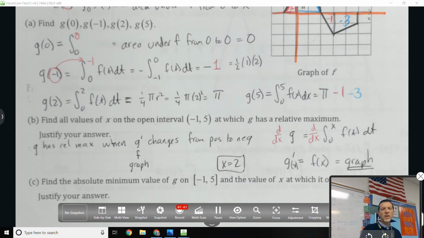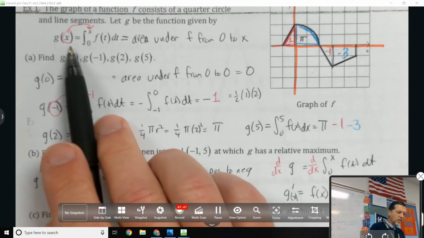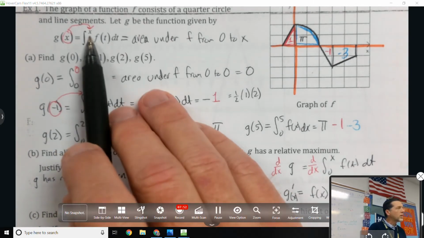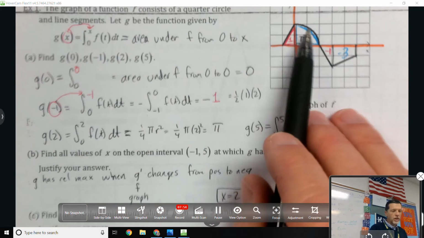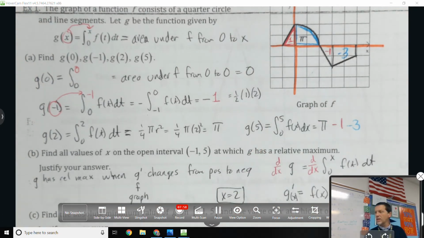Now, sort of the picture reason is that G is the area that we're accumulating as we go. So we accumulate area. Well, what's happening at x equals 2 that makes x equals 2 a maximum, in terms of area accumulation?